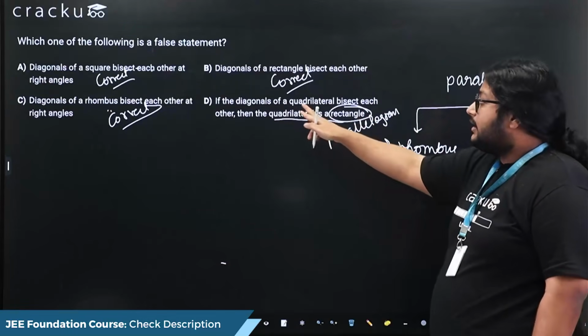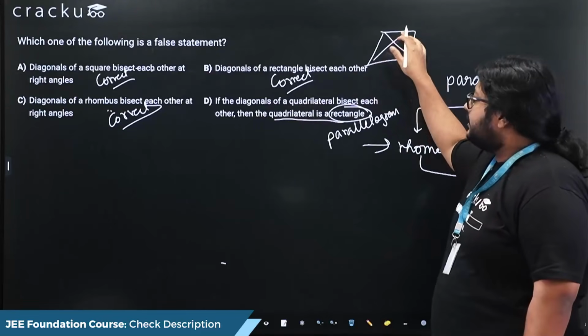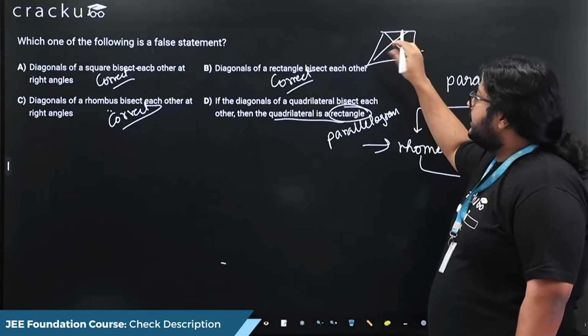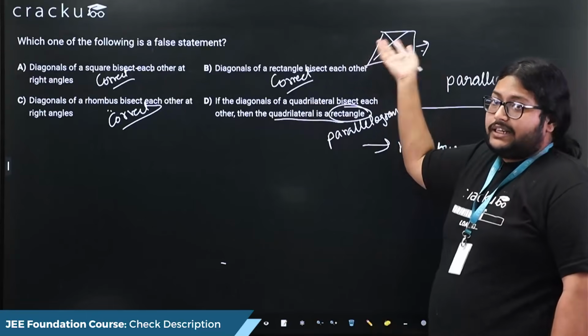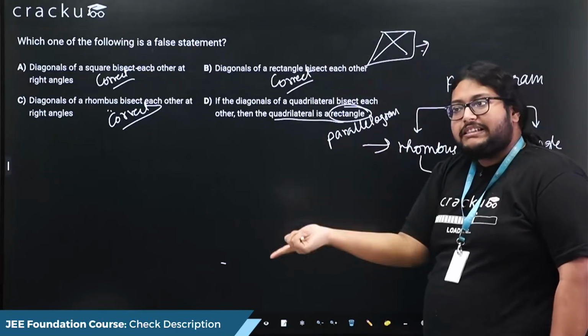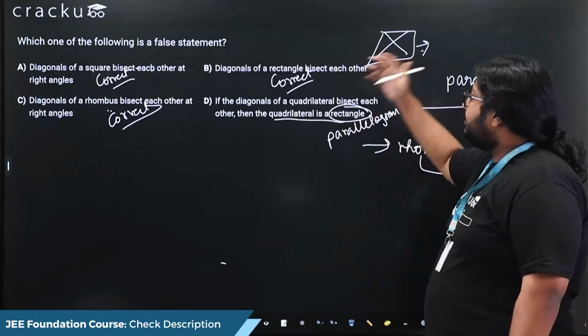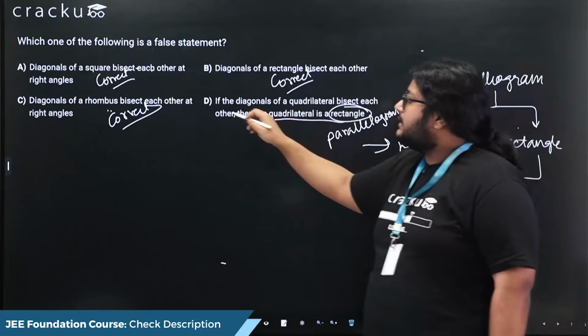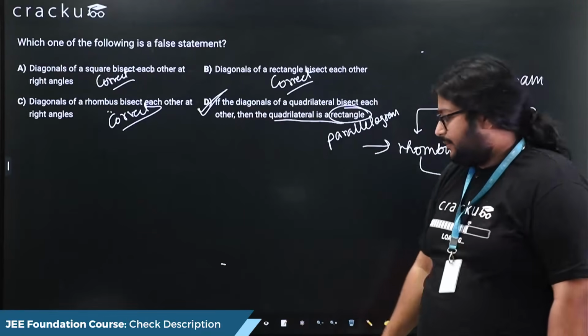If we find in a quadrilateral the diagonals are bisecting each other, then we can for sure say that this is a parallelogram. We can't say if it's a rectangle or not. For a rectangle, it has to have the diagonals bisect each other and also the angles are 90. So because we don't know anything about the angles, I can say this is the incorrect thing, which means option D is the correct choice here.